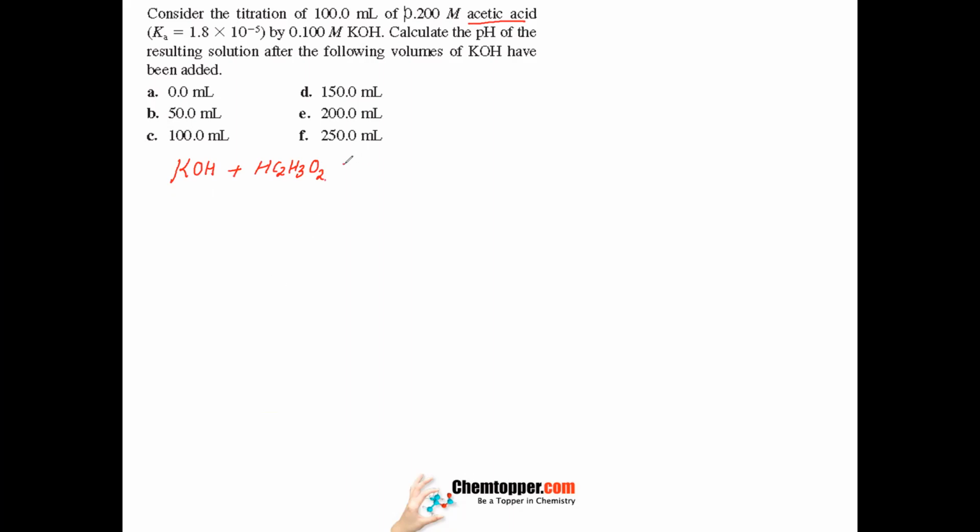And then it's undergoing titration. You're adding them. It's a weak acid, but there is a strong base, so actually no equilibrium because of the presence of this strong base. No equilibrium. It's going in the forward direction. K plus will combine with this acetate. So you're getting this salt.